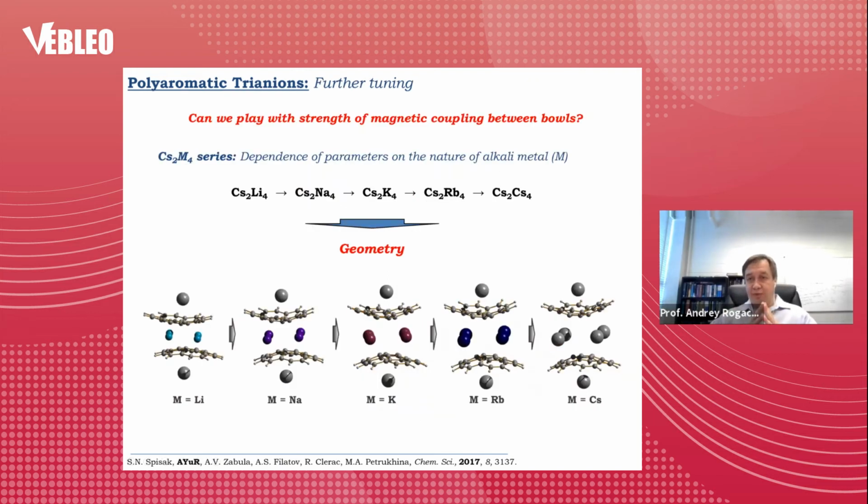Okay, the next question: we have seen that we can manipulate the coupling between balls in the case of tetra-anionic species. Can we do the same here? We definitely see, as shown by spin density, that we don't have a coupling between balls, like sharing electron density between two balls, but definitely we have magnetic coupling. Can we play with that by doing the same things, changing the size of alkali metals?